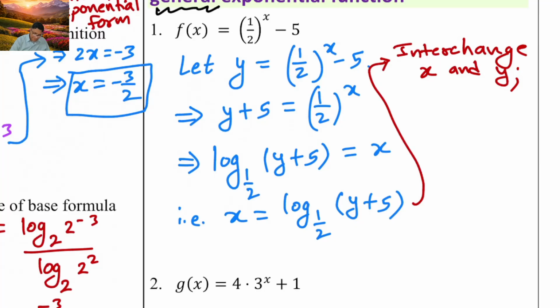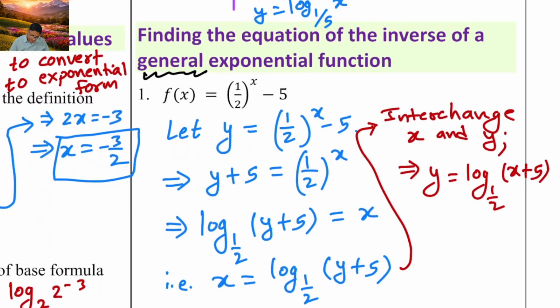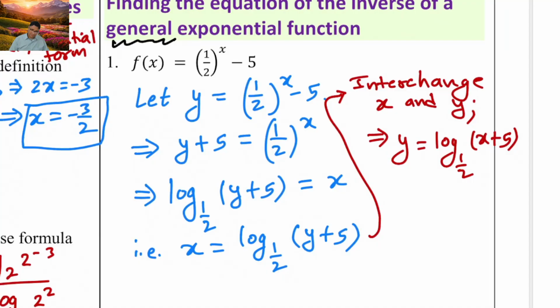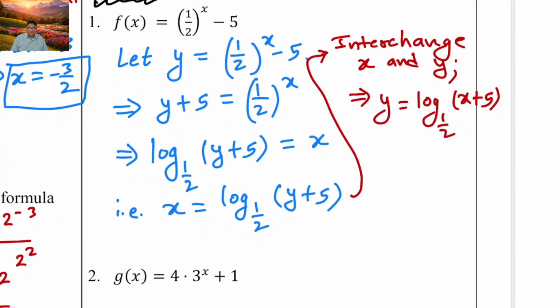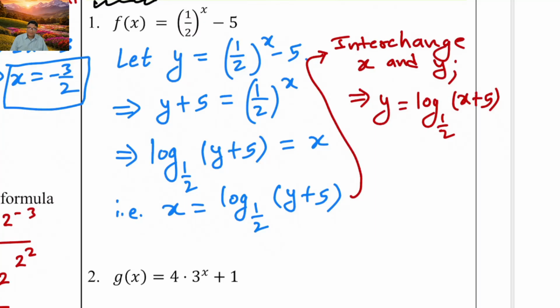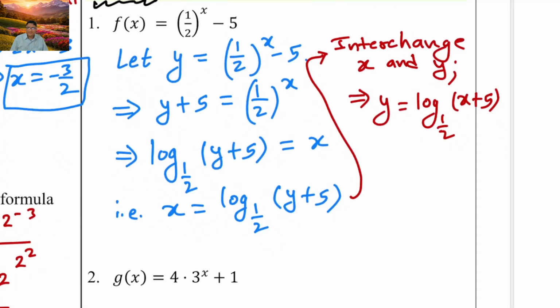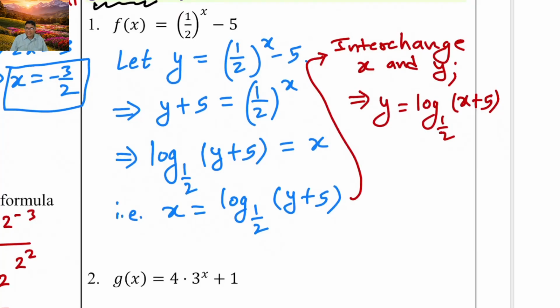And that gives you y equals log base half of x plus 5. That would be the inverse function. So you see the inverse is a logarithmic function which has also been transformed. So if you take a general exponential function, its inverse is going to be a general logarithmic function.